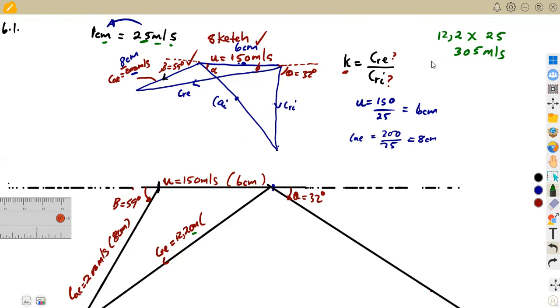We are converting to say 1 centimeter is 25 meters per second, so if you are given 12,2, you simply multiply by 25 meters per second. So this is equivalent to 305 meters per second. That's the equivalence in terms of the velocity. We just joined our points.